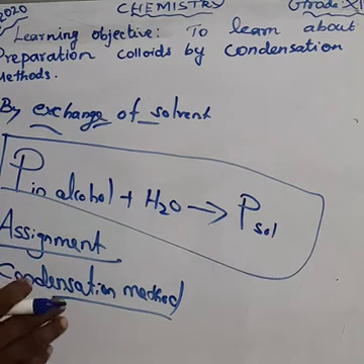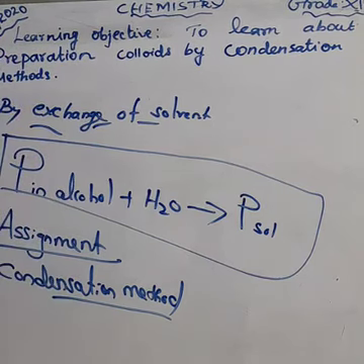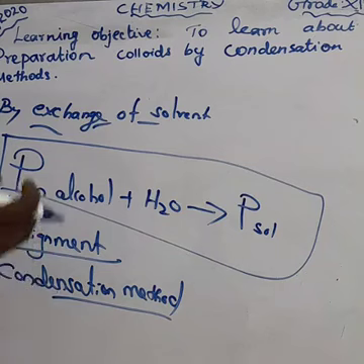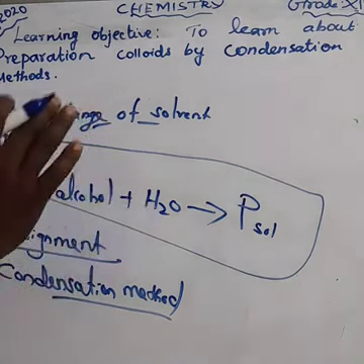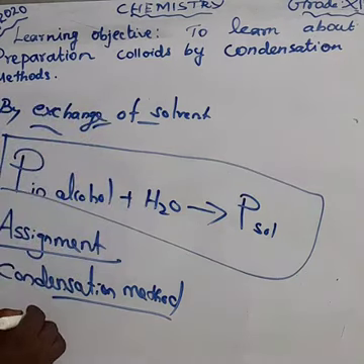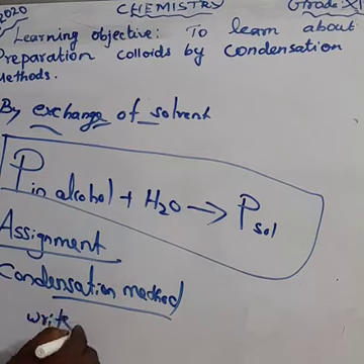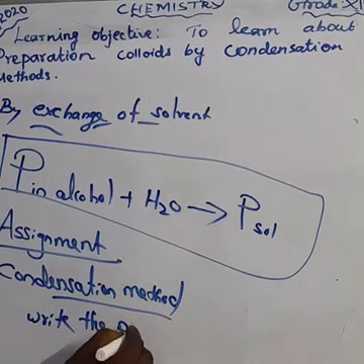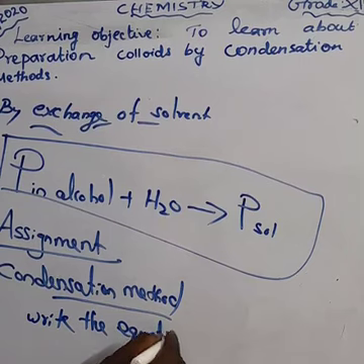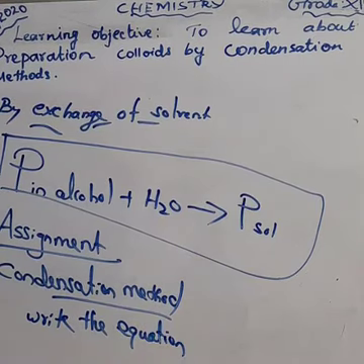Write the headings and write the equations, that is enough. Only the equation is needed. Don't forget to write the assignment. Please, all of you, try to write the assignment about the condensation methods. Equation is enough. Try to learn, write, and balance the equations. Try to learn this one.